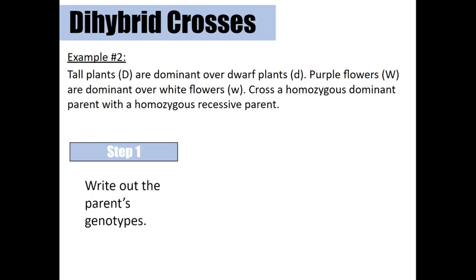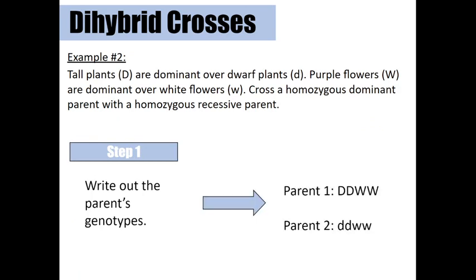So step 1, write out the parents' genotypes. So parent 1 is homozygous dominant, which means that all of the letters are going to be capitalized because they are dominant. Parent 2 is homozygous recessive. So all of their letters for plant height and flower are going to be little letters.